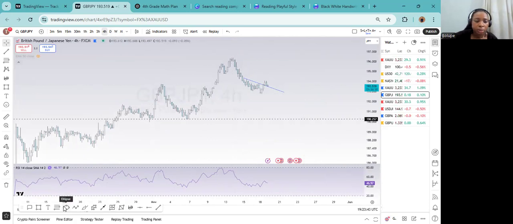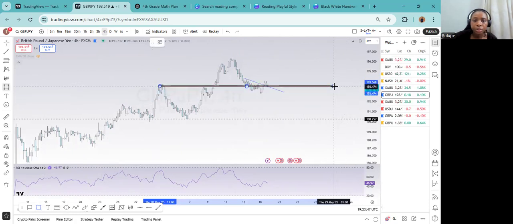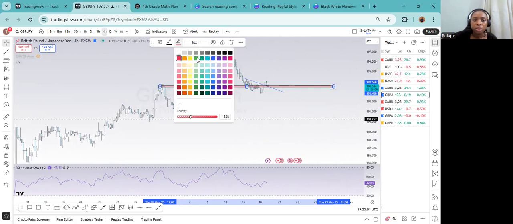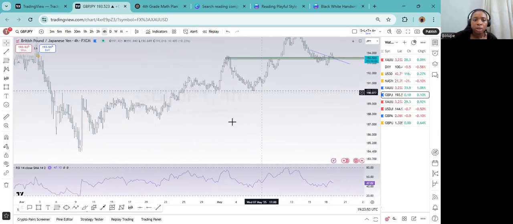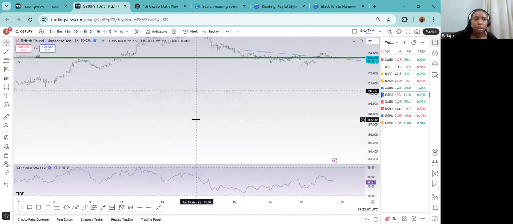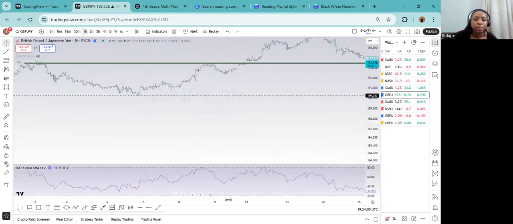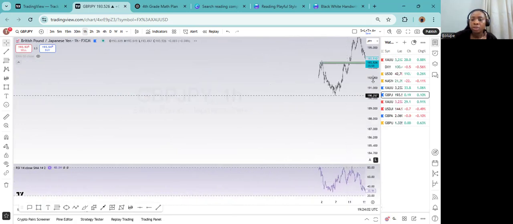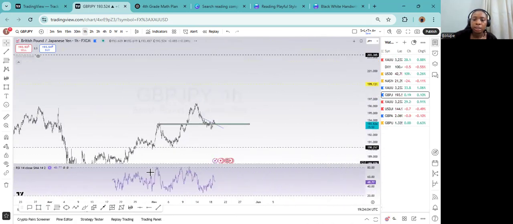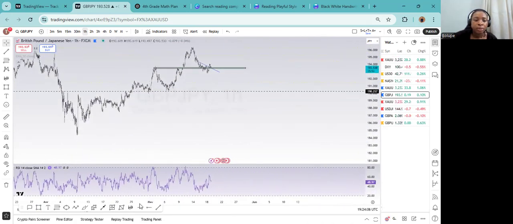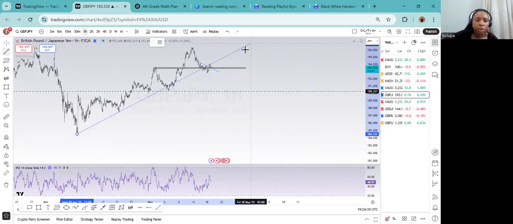I was marking this up earlier today and I just, let me go 1 hour. I think I put, let me see, trend line there before. First two touches. I'm going to put two trend lines here.